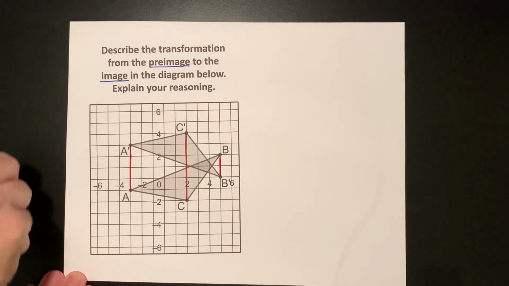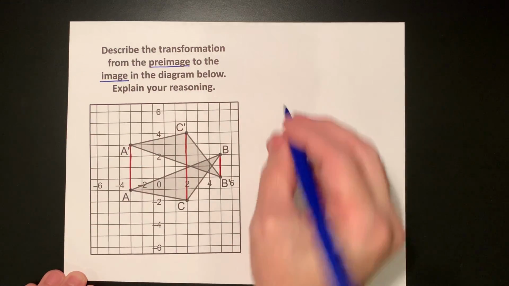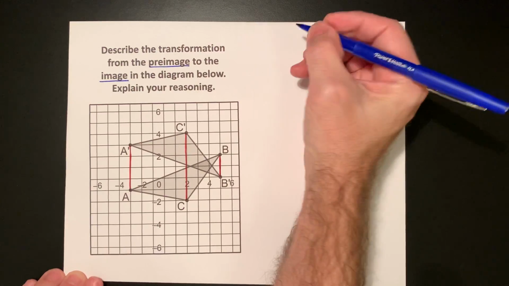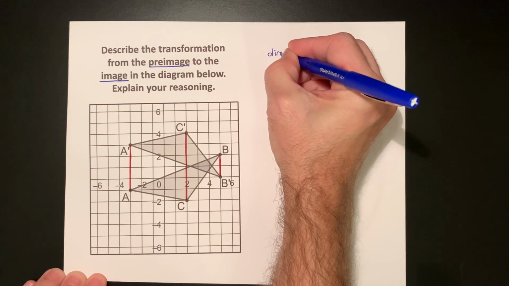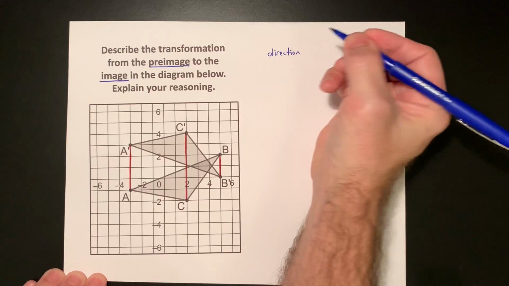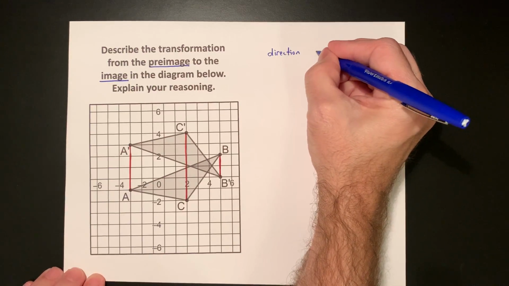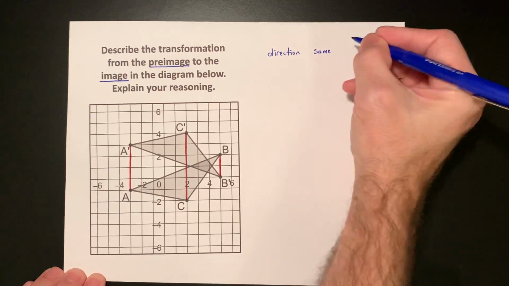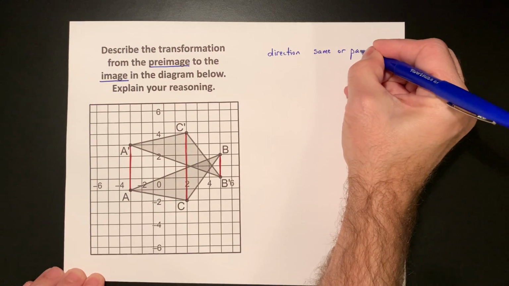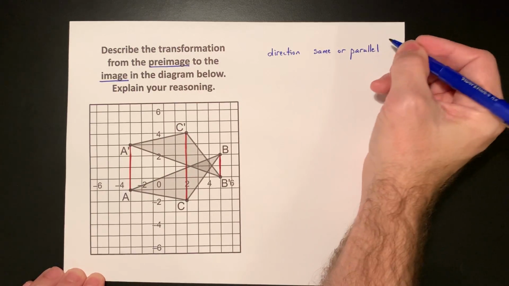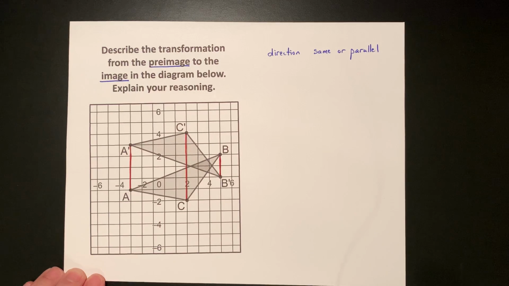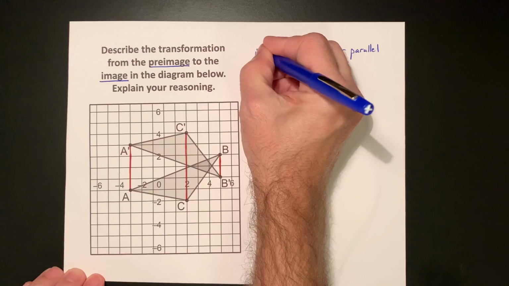So when we look at that movement, the first thing we see is that the direction that each point moves is the same, or we could say parallel movements. Parallel in their direction. So that's the first thing that we look at, is direction.